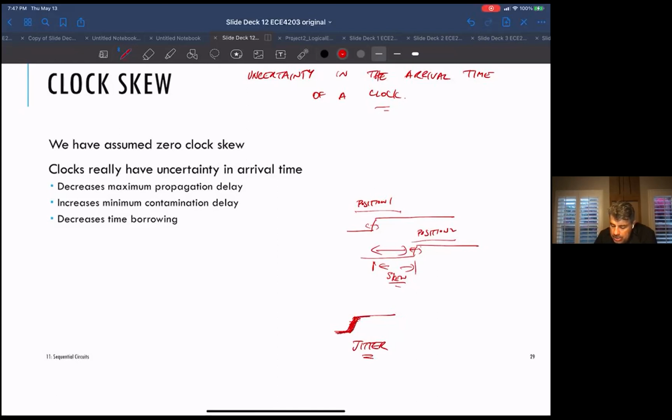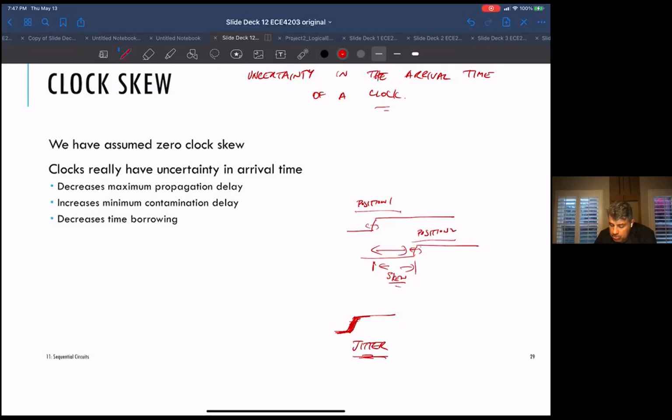Sometimes it'll come a little bit earlier, sometimes a little bit later, and this is a function of what's generating the clock. There is usually a feedback loop. Again, I won't get into this too much, but there's this variation in when the clock arrives.